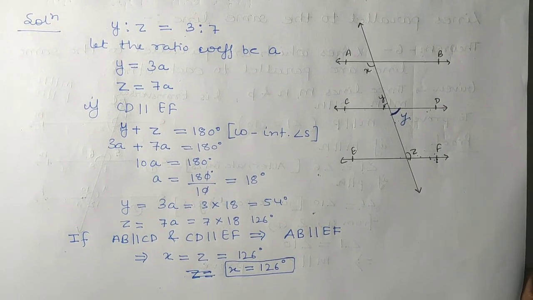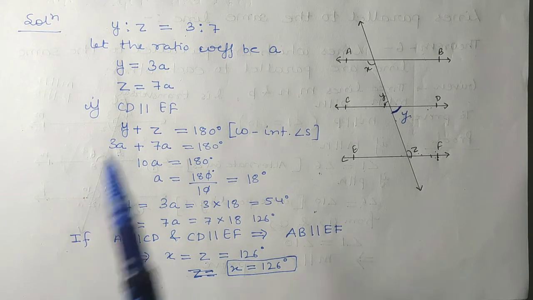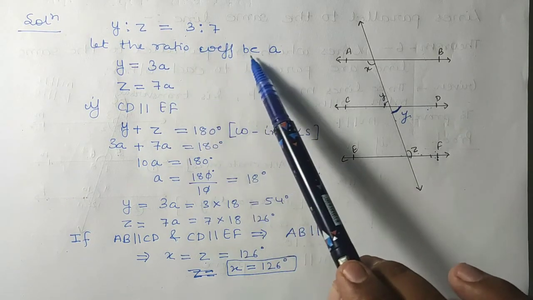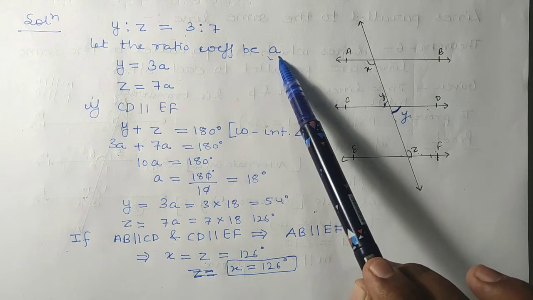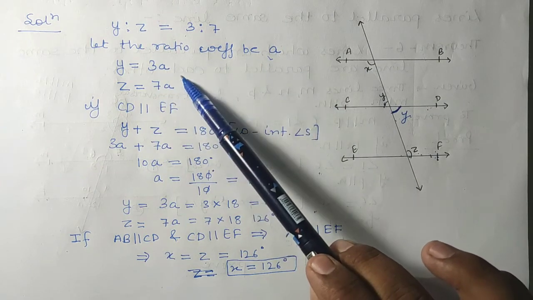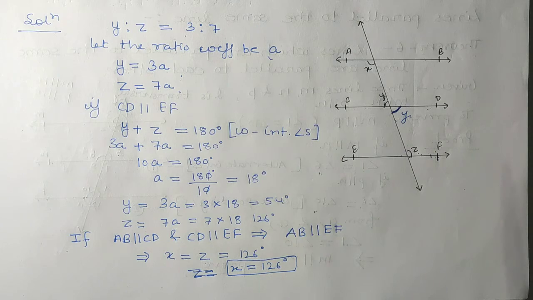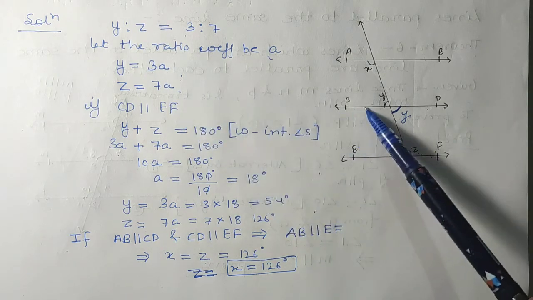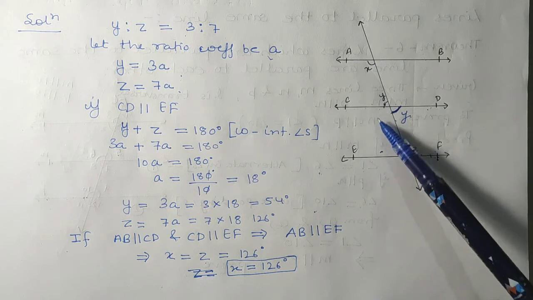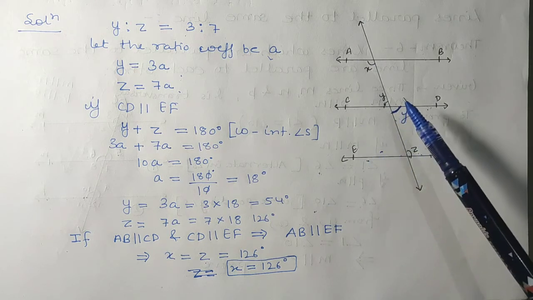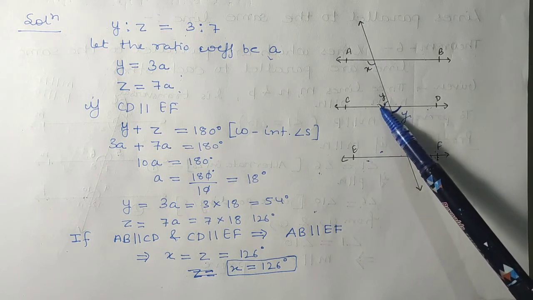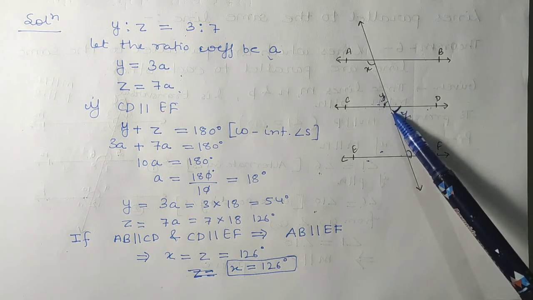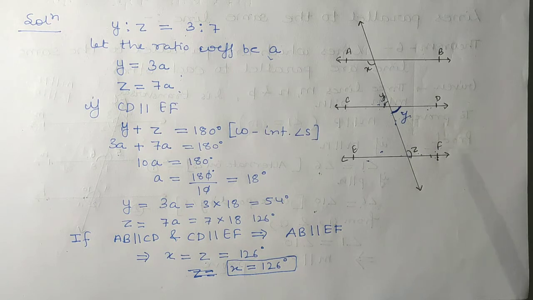Let us see once again what we have done. Firstly, the ratio Y to Z is given as 3:7. After that we considered a ratio coefficient, that is A. Then Y is equal to 3A and Z is equal to 7A. After that CD was parallel to EF. If this angle is Y, then this angle is also equal to Y, because they are vertically opposite angles.